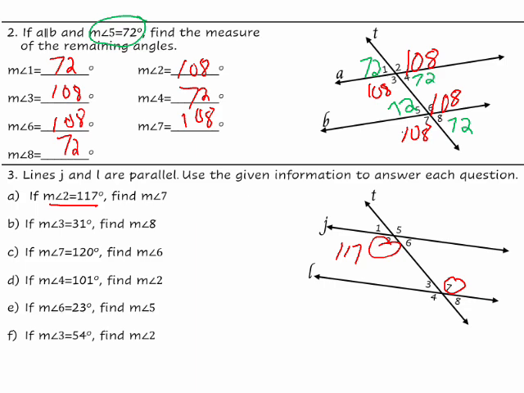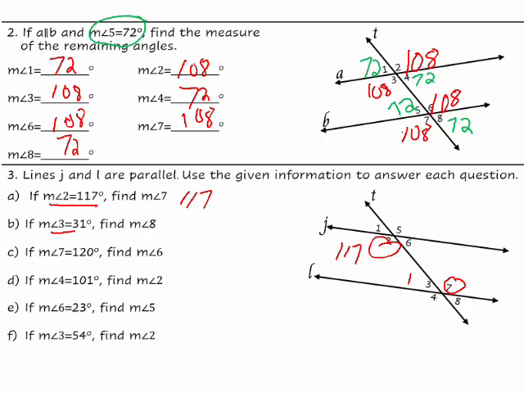Angle 2 and 7 are alternate interior angles. They're diagonal from each other, and they're inside of the parallel lines. So they're alternate interior, which means they are congruent. So if angle 2 is 117, the measure of angle 7 is also 117.